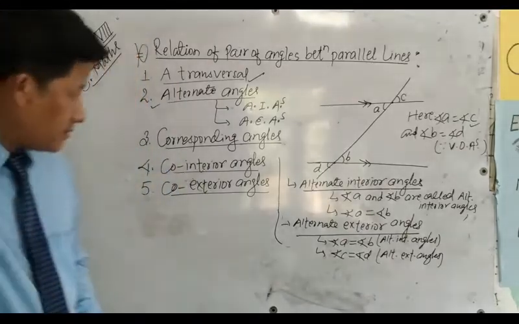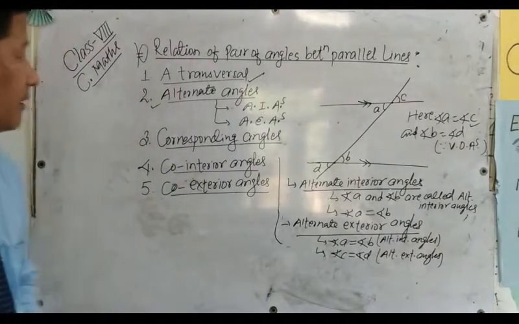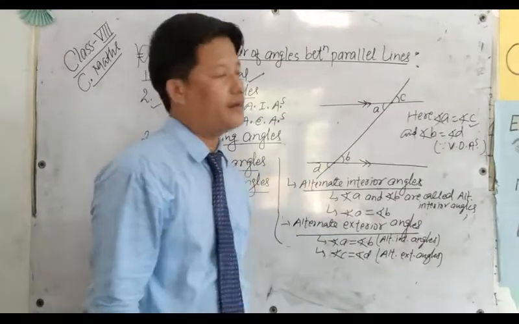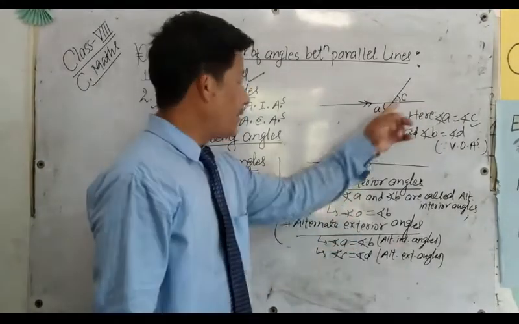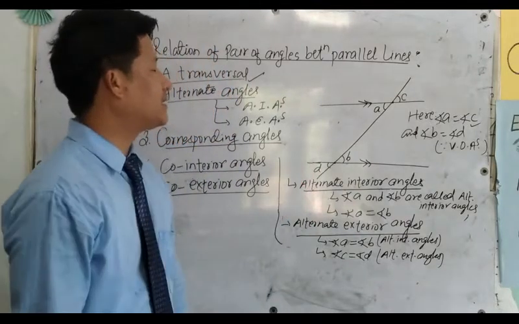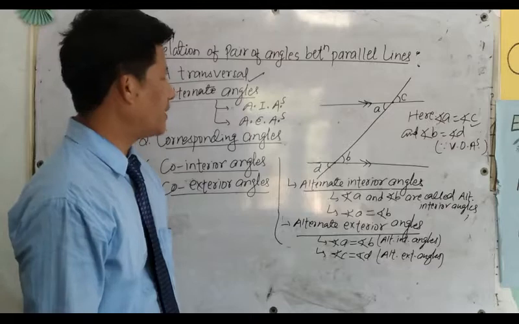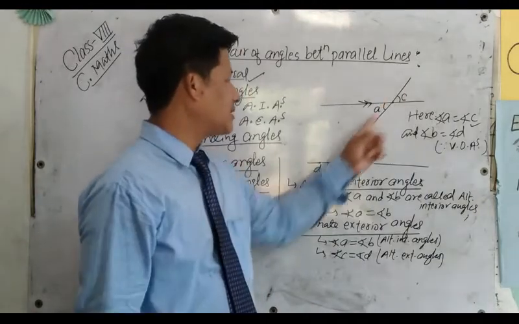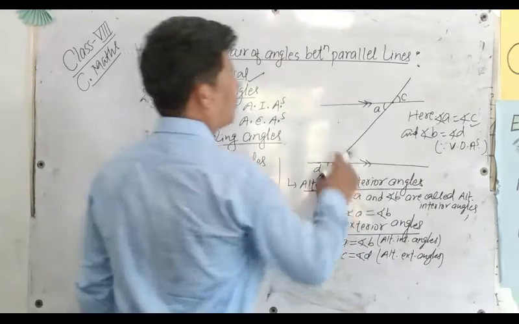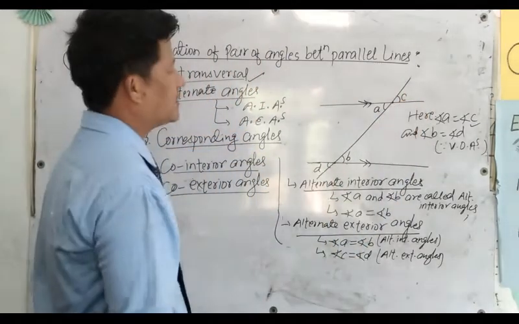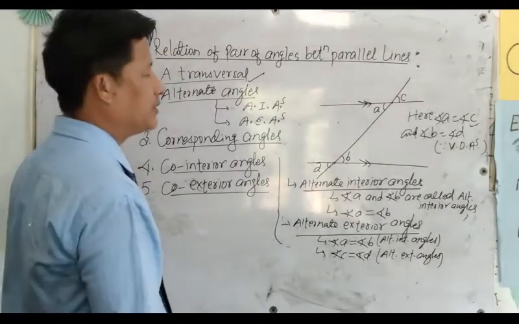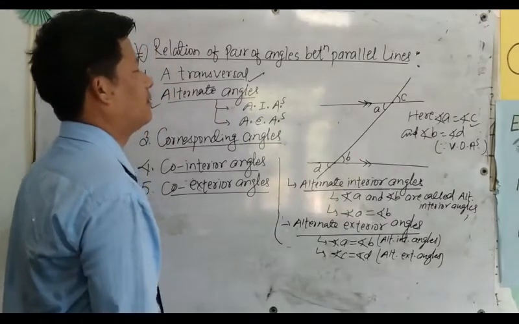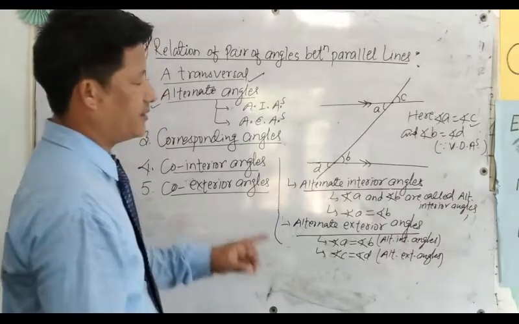A pair of angles which are on the opposite sides of the transversal and outside the parallel lines are called alternate exterior angles.